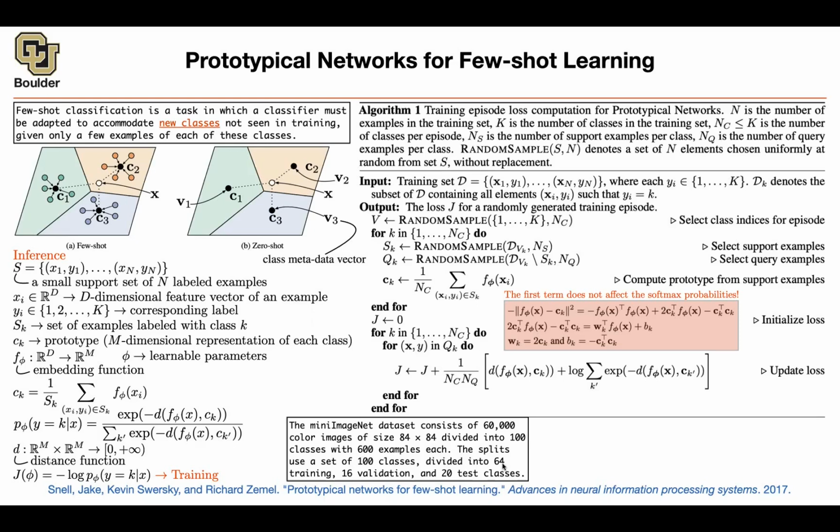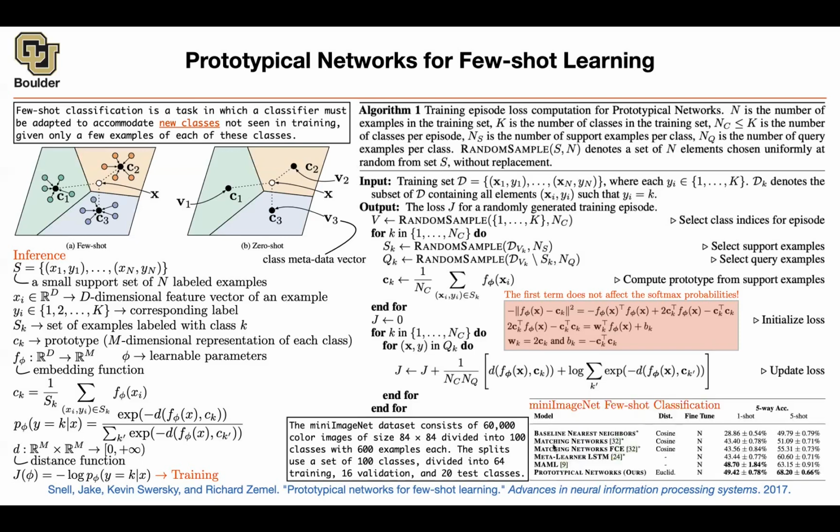You divide your training, validation, and testing based on the labels, not based on your images. Based on the labels, 64 of them are going to give you your training data. 16 labels are going to give you your validation, and the rest of them are going to give you your test classes. That's why during testing, you have new classes that you haven't seen while training. And then you can do few-shot classification on that.